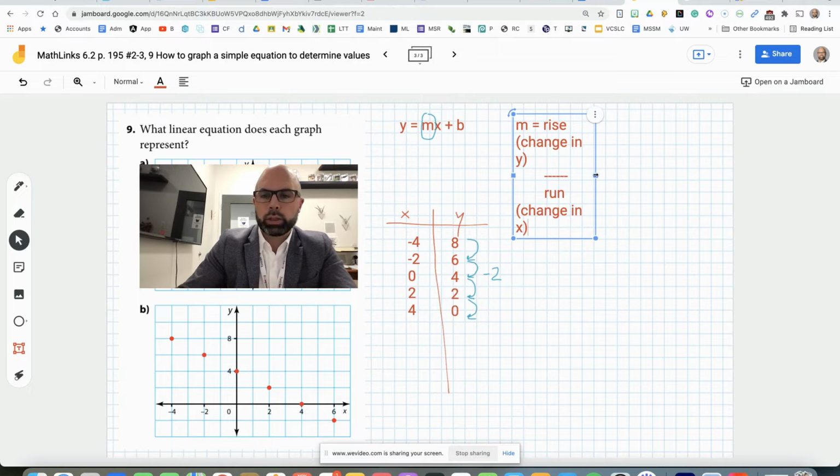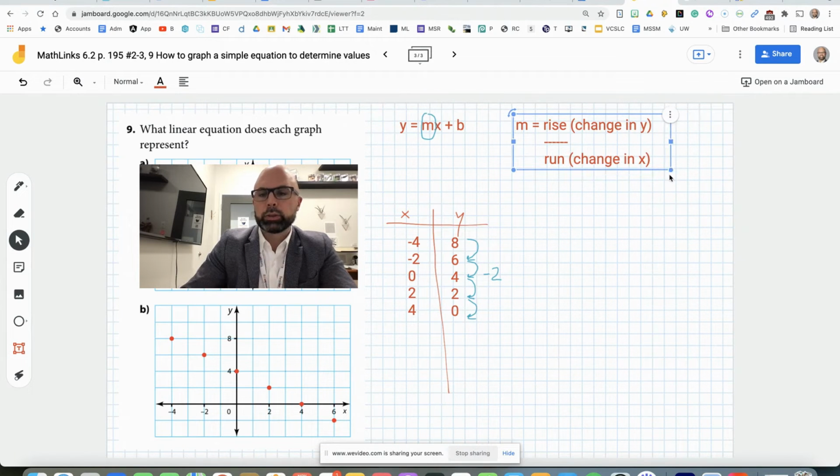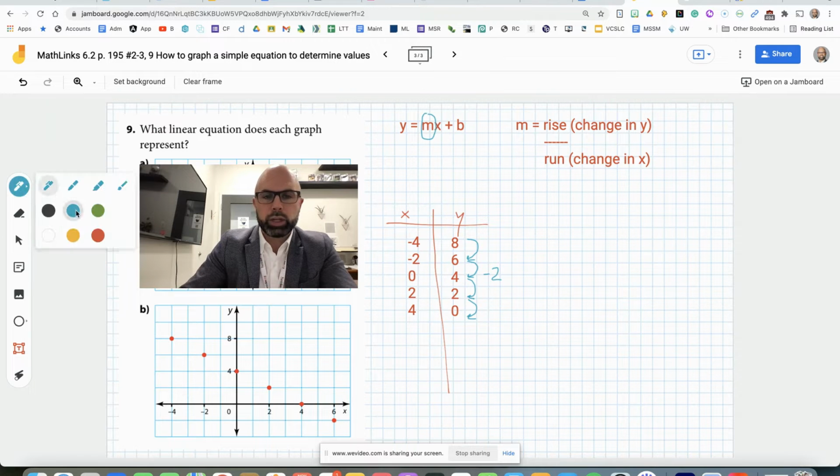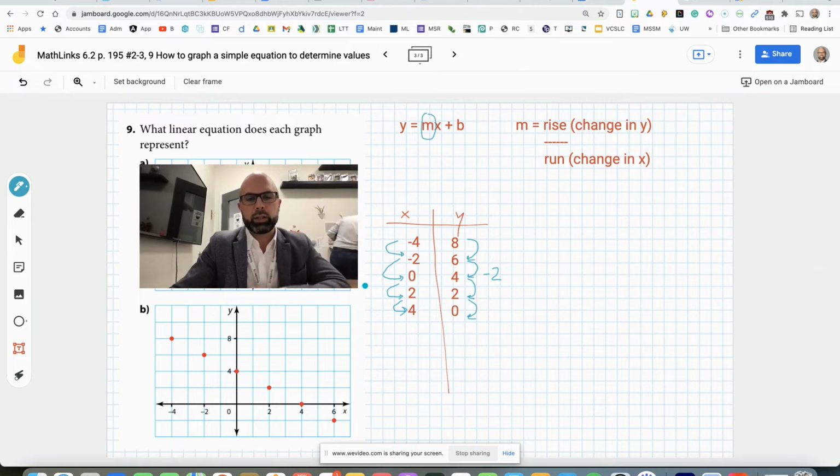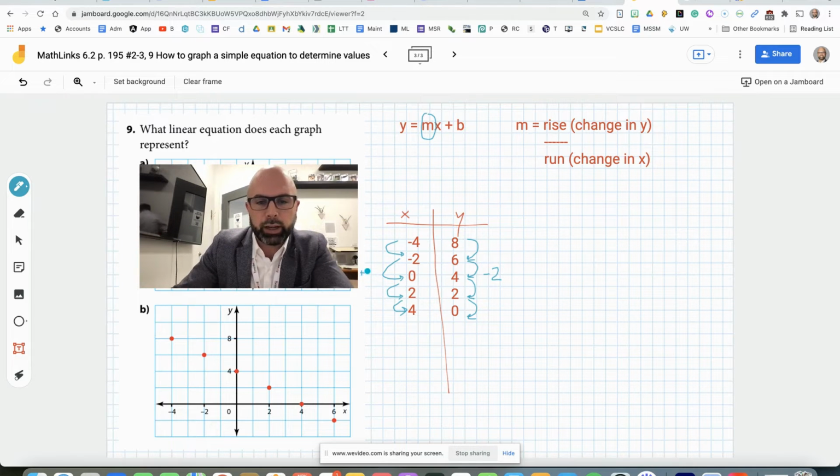And this will all become more clear in a moment. Okay, so let's work with that and keep that in mind. What is the change in x, by the way? I said it out loud, but let's make it really clear. X values are going up in value by 2 every time. X values are increasing by 2 in each point of the graph.